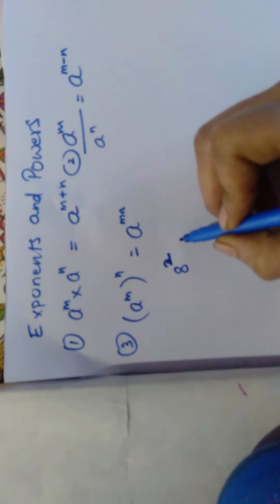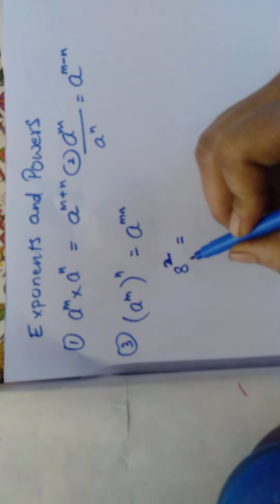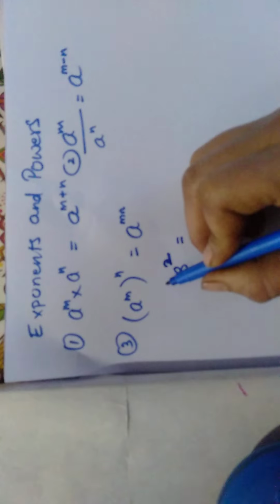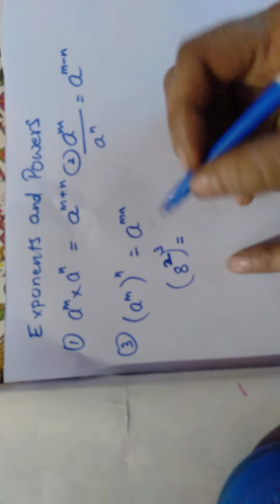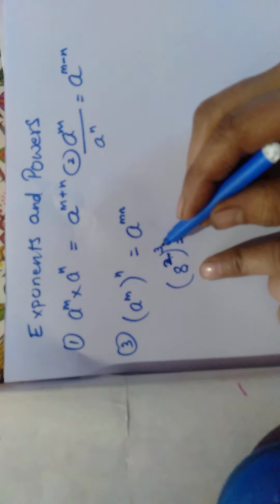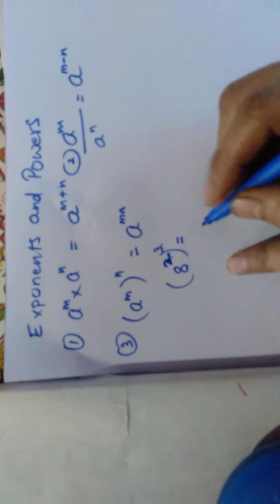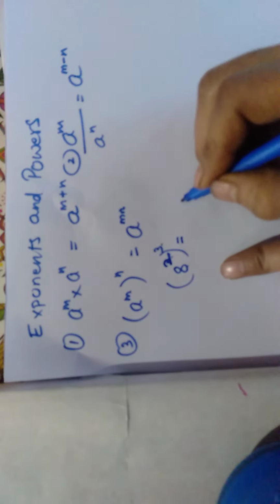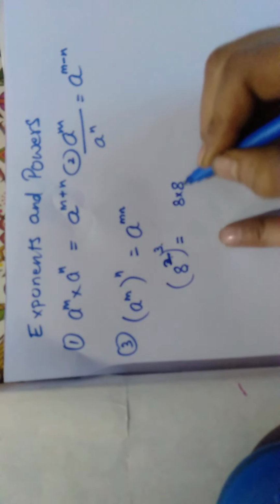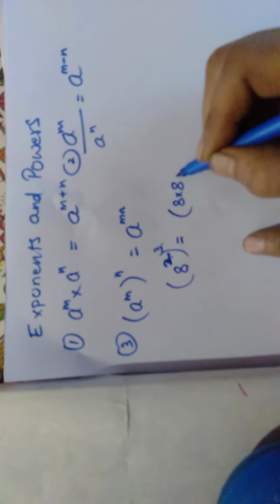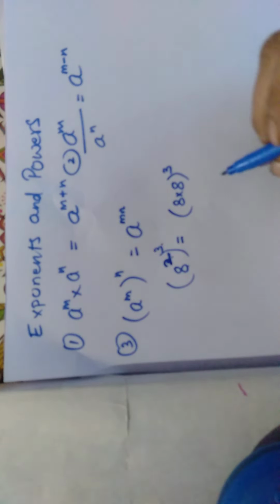Now the same one is written as a to the power m whole to the power 3. 8 square whole to the power 3, a to the power m whole to the power n. Now 8 square means 8 into 8, and 8 into 8 whole to the power 3 is there. Now this is multiplied to itself 3 times.